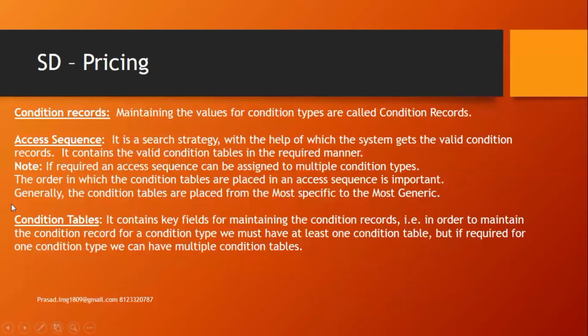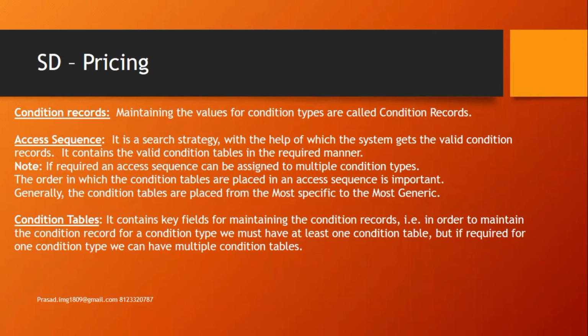Whenever we define multiple condition tables and place them in an access sequence, you can place them in a sequential manner as the business requires, and also from the most specific to the most generic.